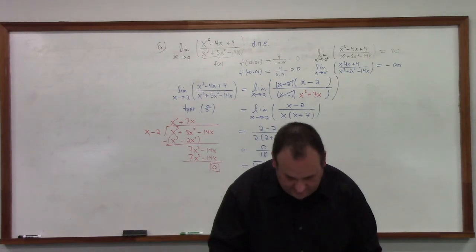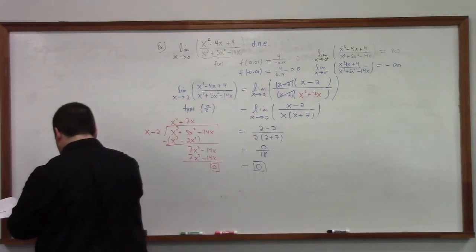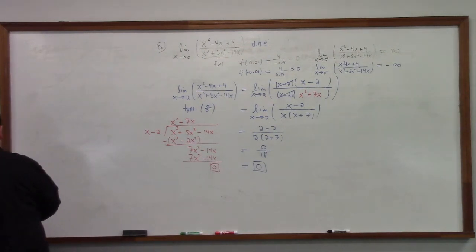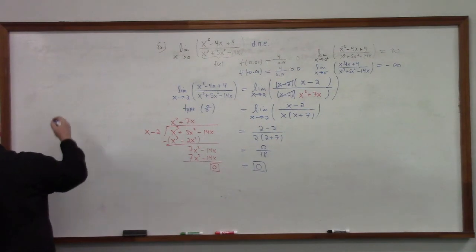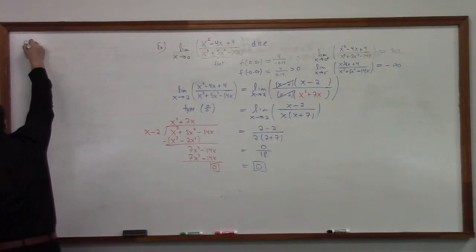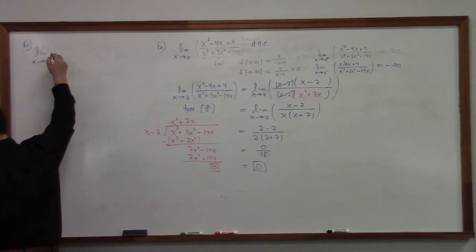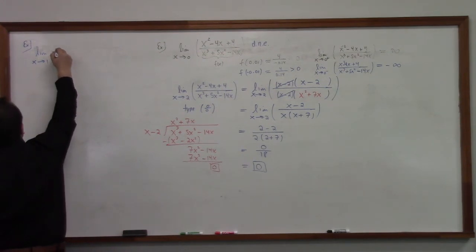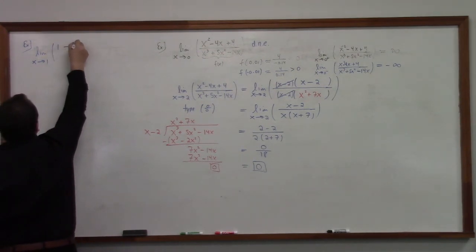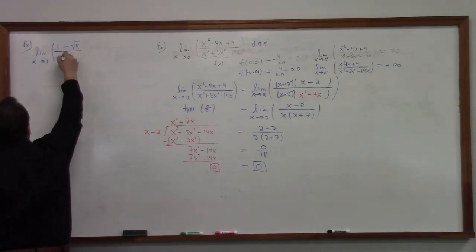How about the limit as x goes to 1 of 1 minus the square root of x over 1 minus x.